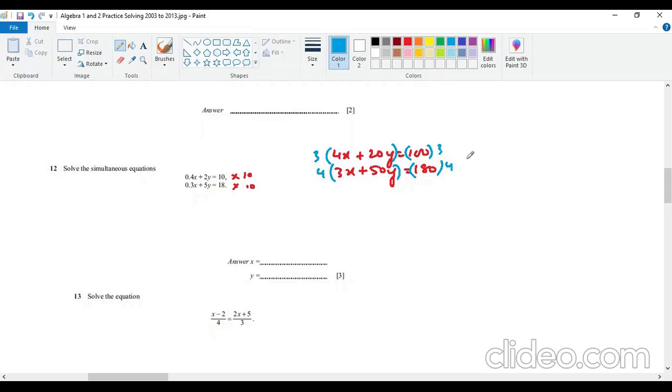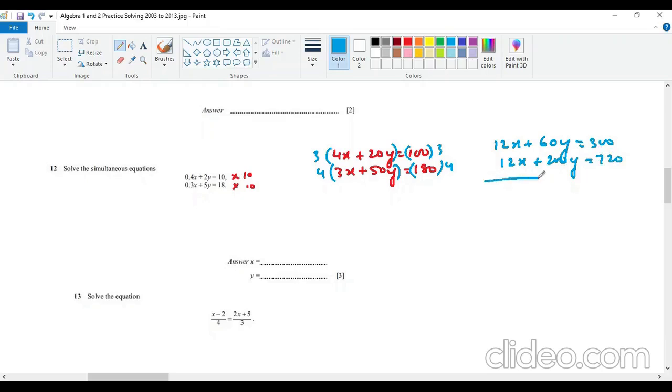So this equation is going to give us 12x plus 60y equals 300, and this is going to give us 12x plus 200y, and 180 times 4 is going to give us 720.